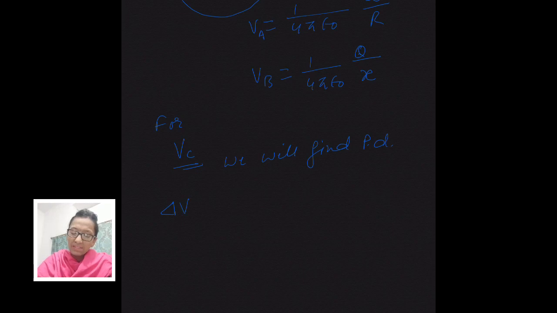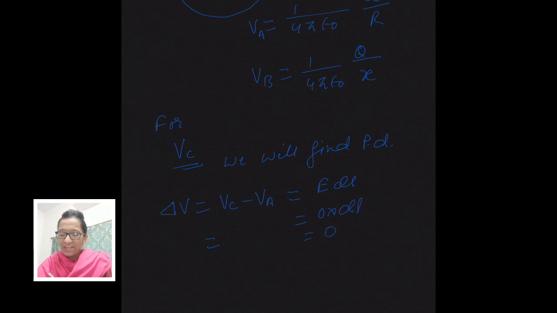So delta V is equal to the final potential at the final point minus the potential at the initial point. And we know that this is equal to the integral of E dot dl. Now the electric field inside the cell is equal to 0, so this is 0 into dl.